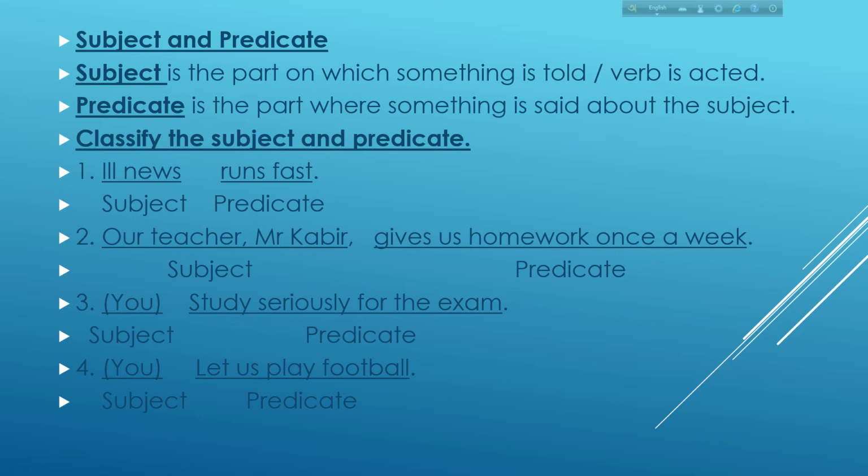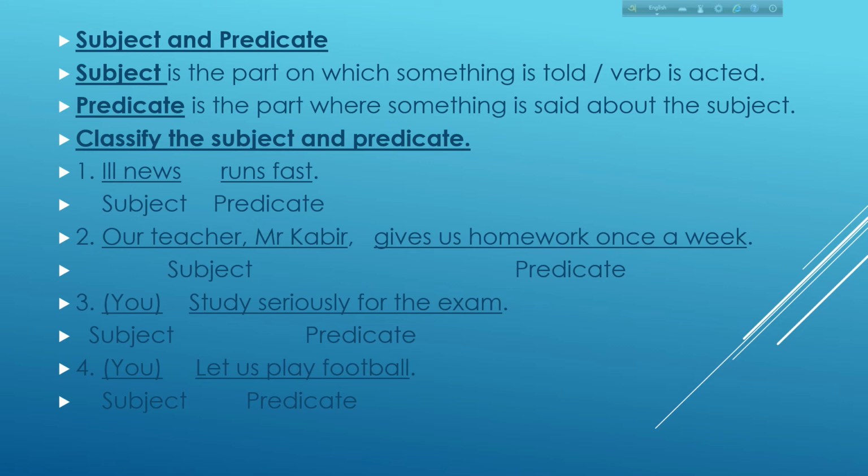So this is the subject, and runs fast is the predicate. This is told about the subject. Our teacher Mr. Kobir gives us homework once a week. So here not only our teacher or not only Mr. Kobir, but our teacher Mr. Kobir is the subject, and the rest of the sentence is predicate.